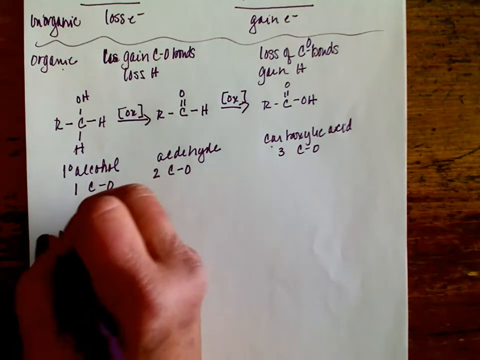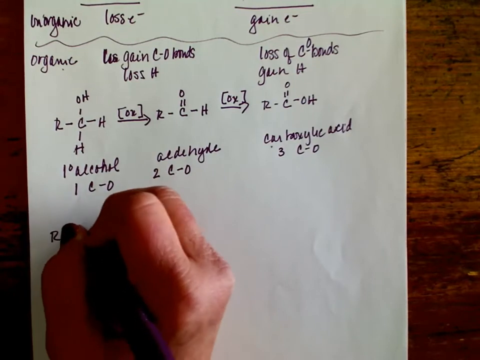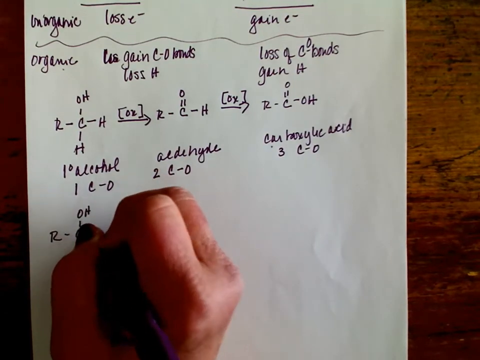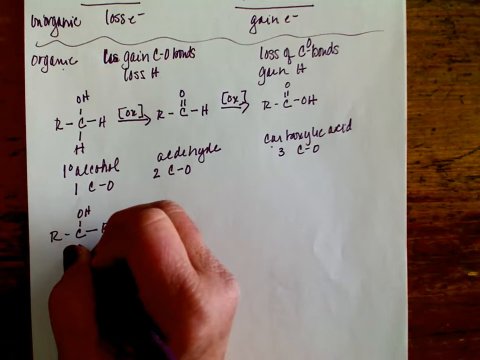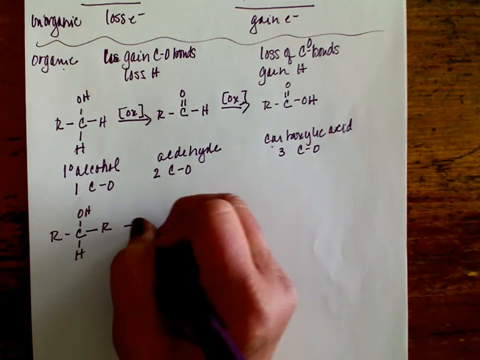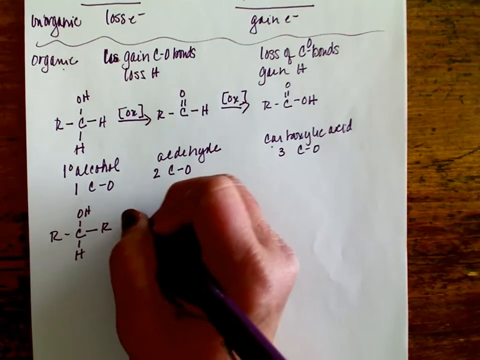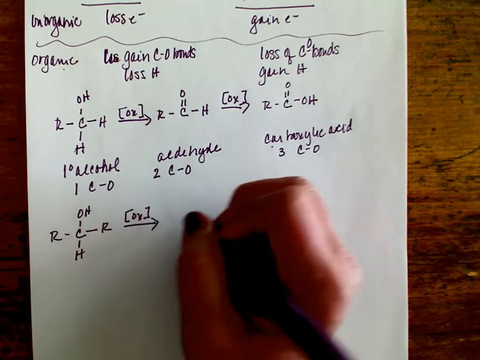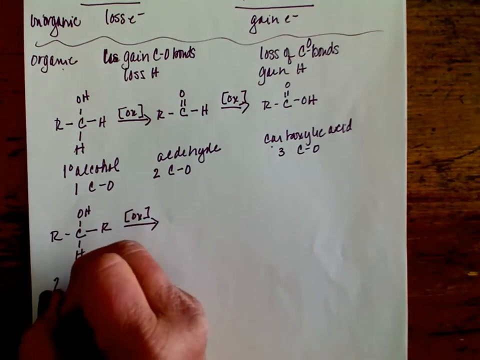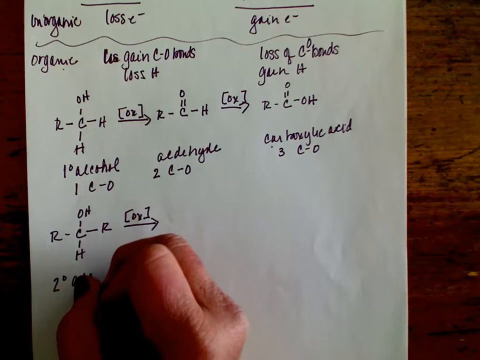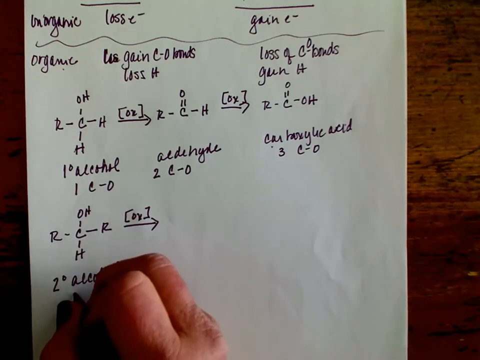Secondary alcohols are going to have that hydroxyl group on an internal carbon, and these can be oxidized to ketones. So this is a secondary alcohol with 1 carbon to oxygen bond.